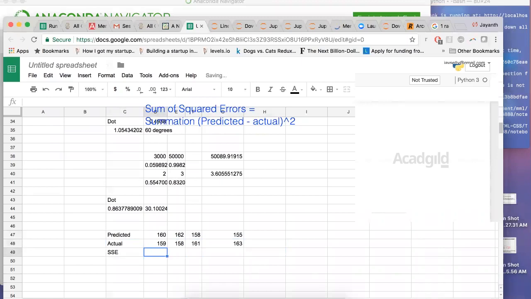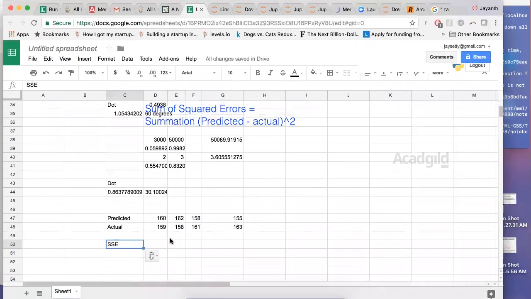So what is SSE saying? For each of the points, first I take the difference. The difference is 1, 4, minus 3, minus 8. Now SSE is saying simply, I take these and square them because I don't need negative values.